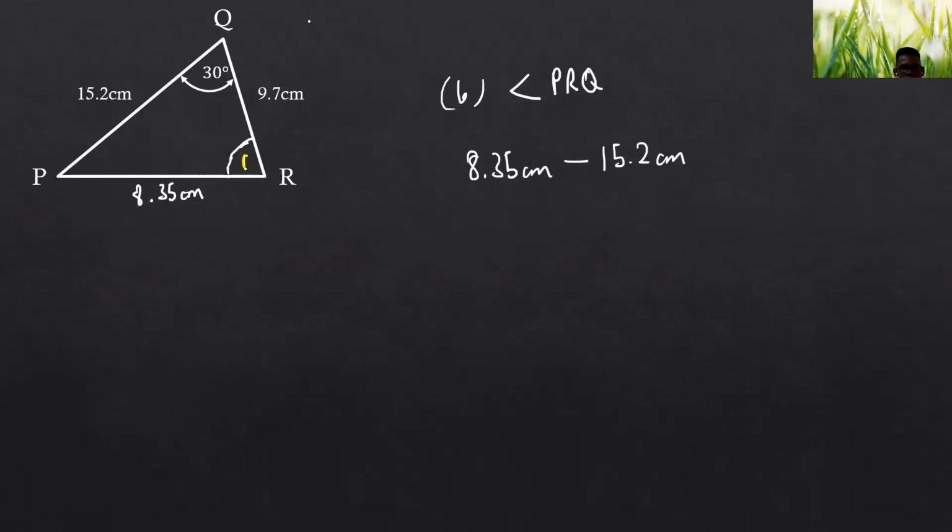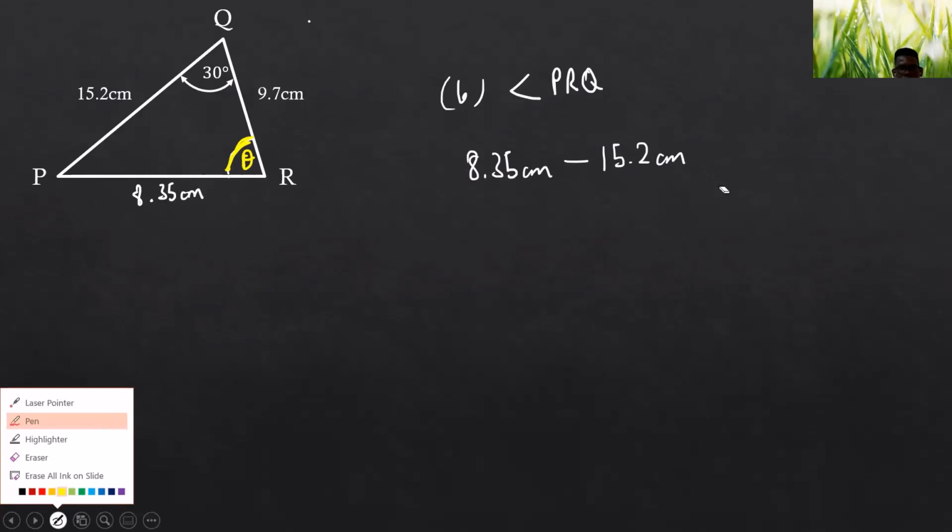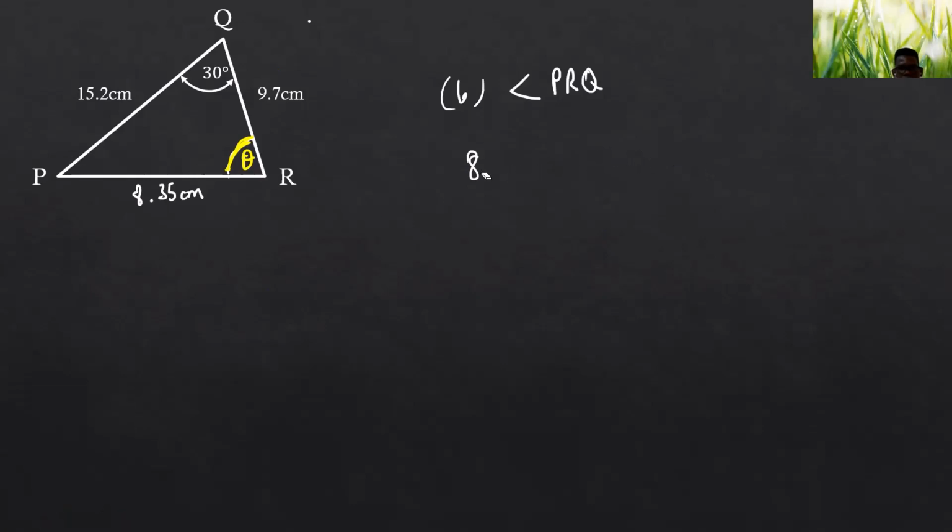So I'll call this theta. This is the angle we want here. I'm not sure where you're going with the 8.35 minus 15.2 centimeters. I'm asking what your approach would be to solve it.